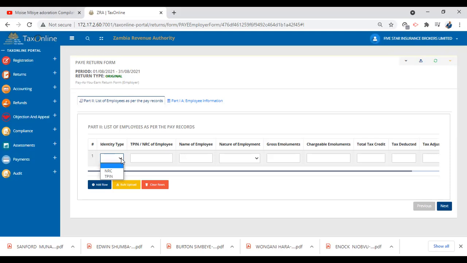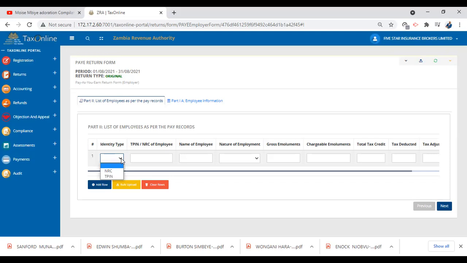There's a drop down arrow on the identity type. So you choose which identity type you want to use in this particular return. If you decide to use NRCs, that is National Registration Card Number, then you must go on for everyone.